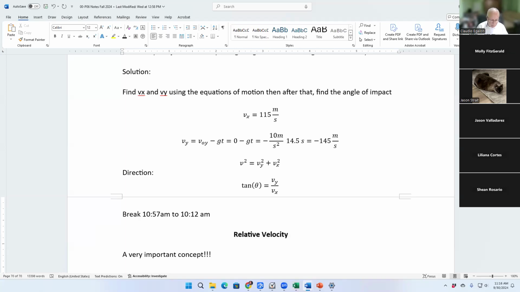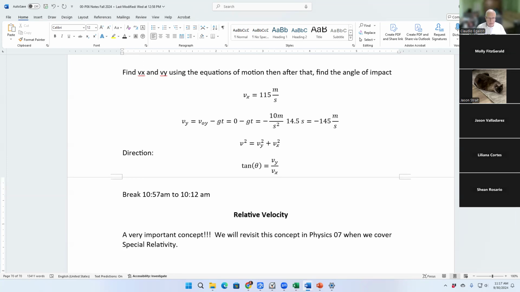We will revisit this concept in physics 7 when we cover special relativity. Okay? When we cover Einstein's special relativity. So remember that.